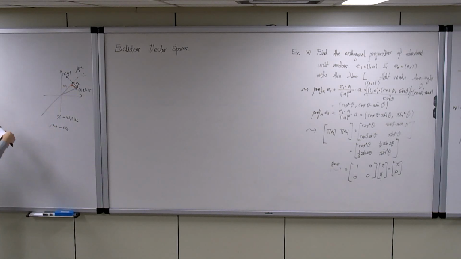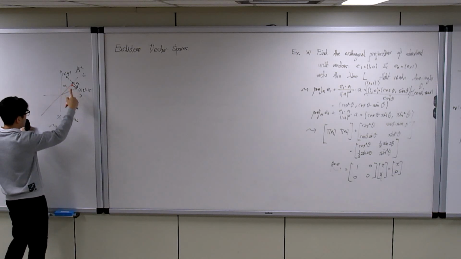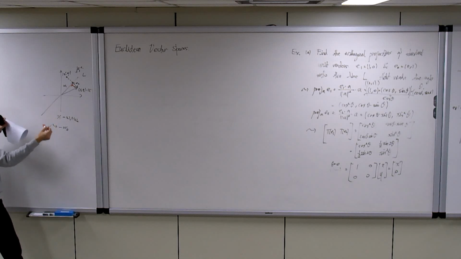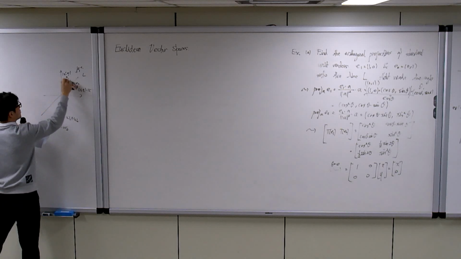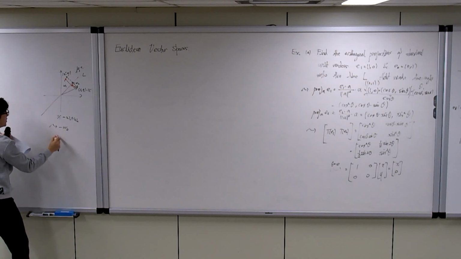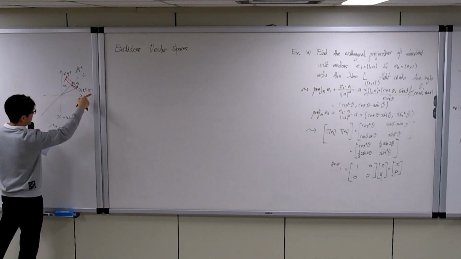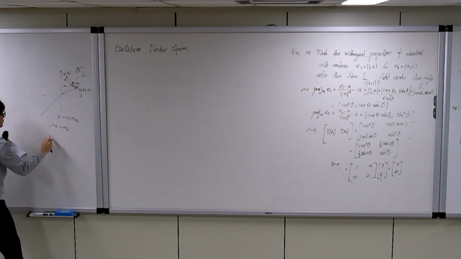So the reflecting linear transformation is obtained by calculating doubling and editing the vector x.